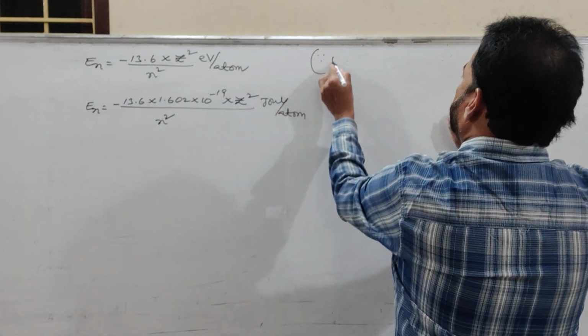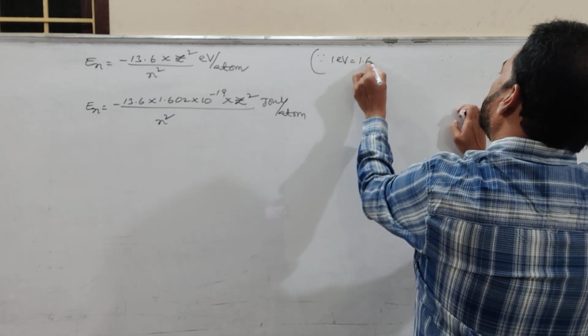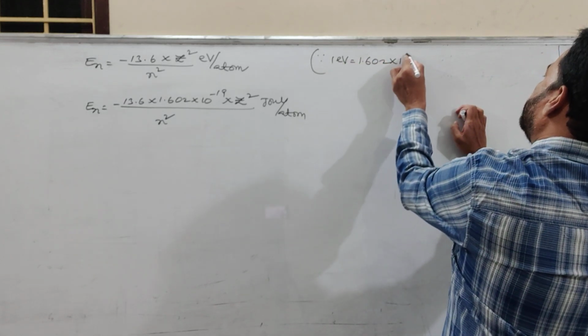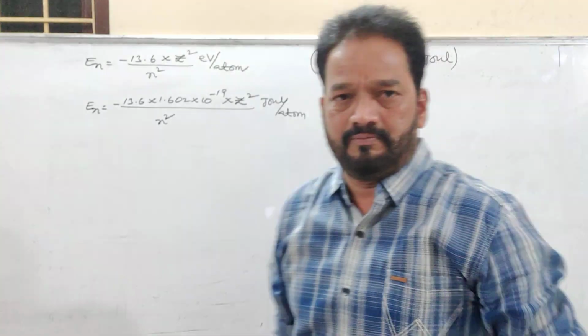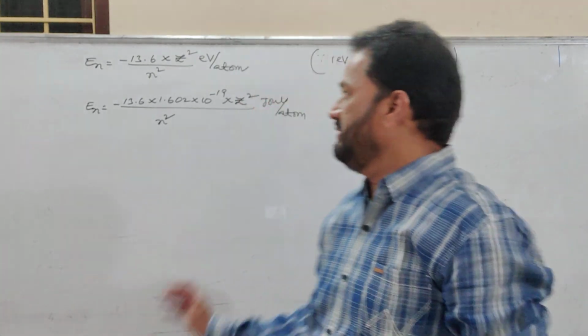Students, we have to remember that 1 electron volt is equal to 1.602 into 10 power minus 19 joule. Very, very important.